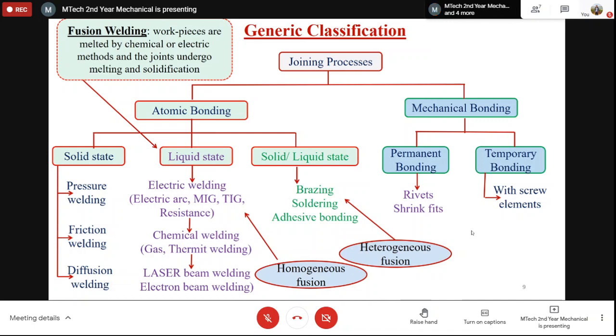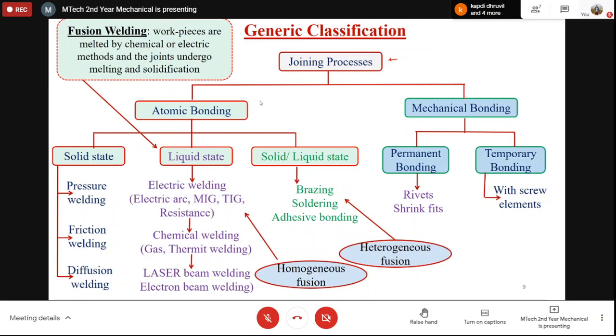So what I have done is I have tried to make a generic classification. Overall joining processes are there, where we want to join two different things. They can be atomic bonding, the bonding at the atomic scale, where the microstructure is changing and the materials are fusing.